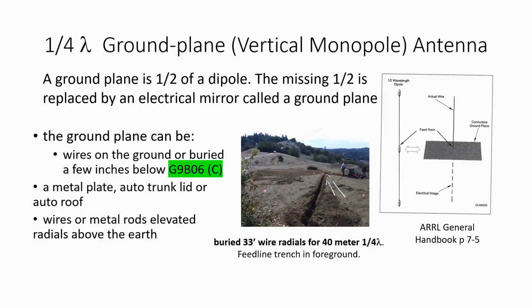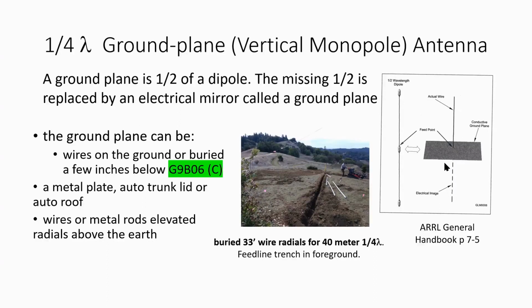So let's look at the quarter wave vertical. They use a lot of different terminology in this book. They refer to it as the ground plane a lot, but a quarter wave vertical is actually just half of a dipole. And you can't exist with just half of a dipole. You have to have something else for the other half of the dipole.